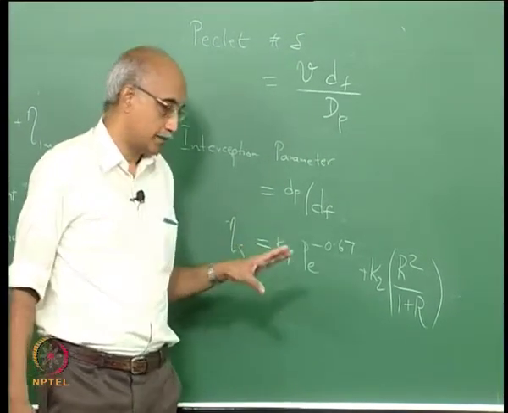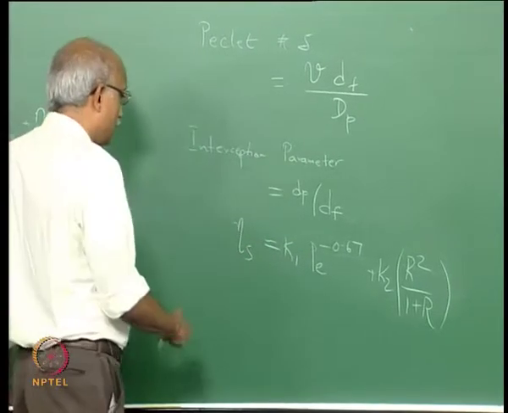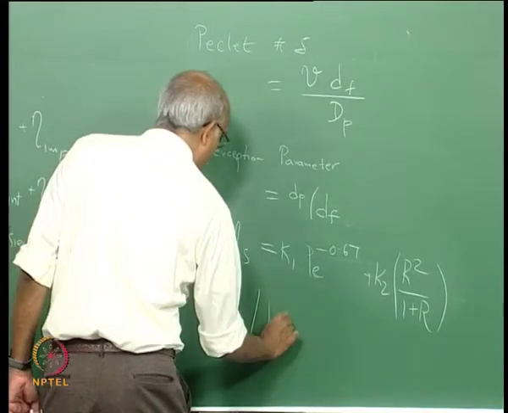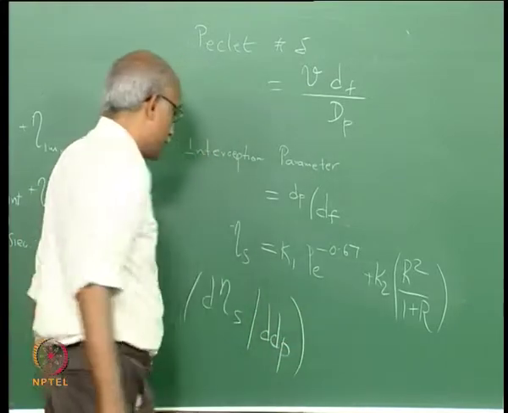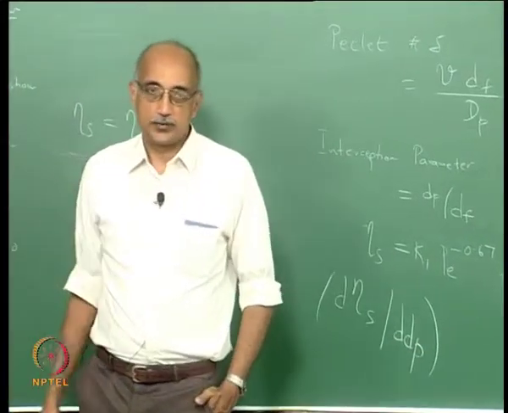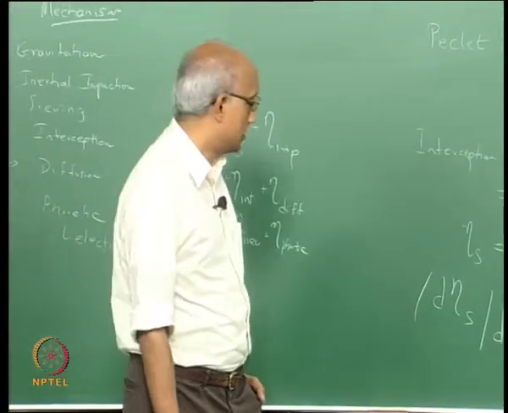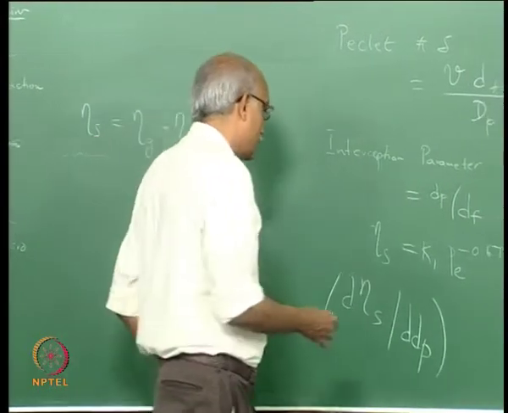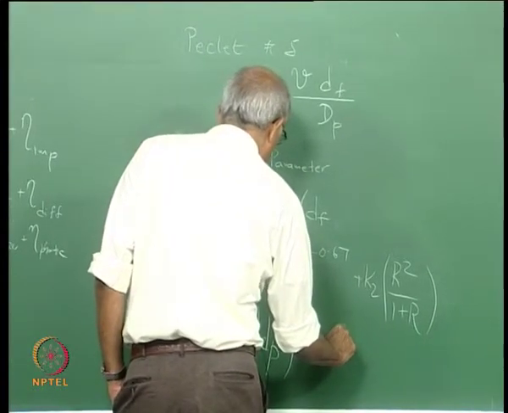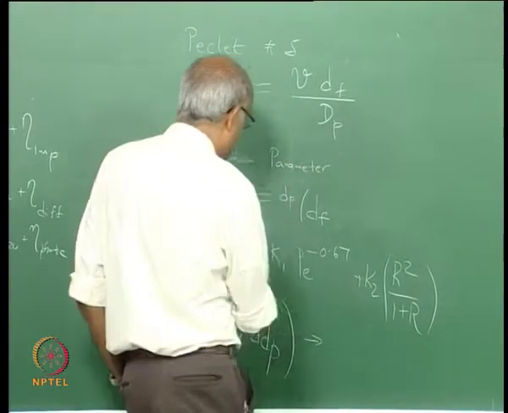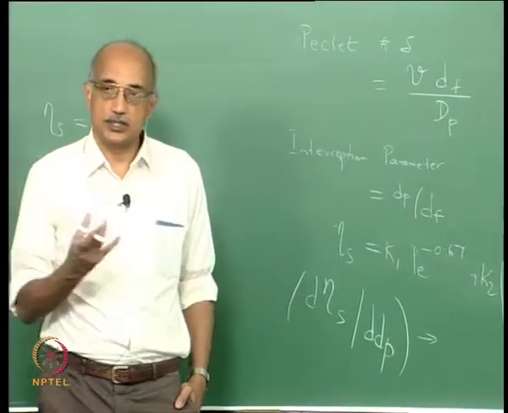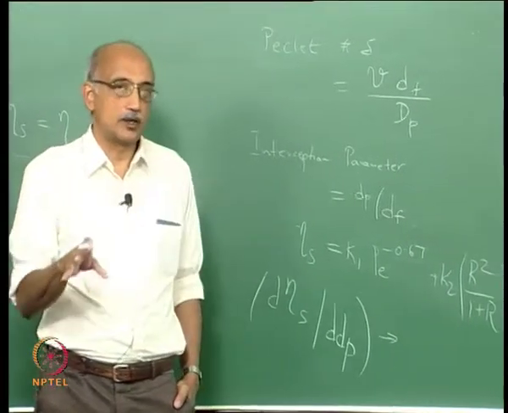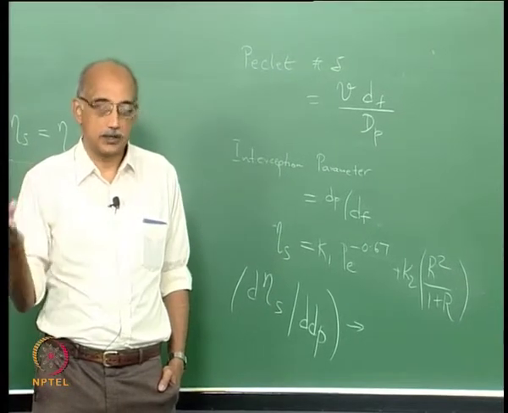If you look at this parameter, it is obvious that if you take the differential of the filtration efficiency as a function of the particle diameter, and you plot dP versus eta S, the particle diameter versus the collection efficiency, it is clear that it will have a non-monotonic behavior. It is not going to have a simple monotonic dependence.